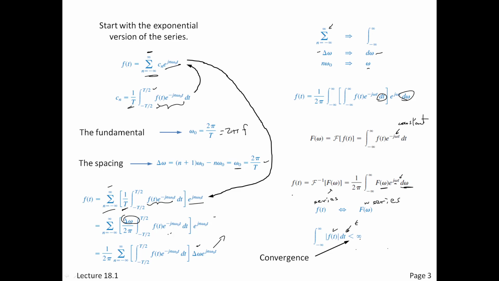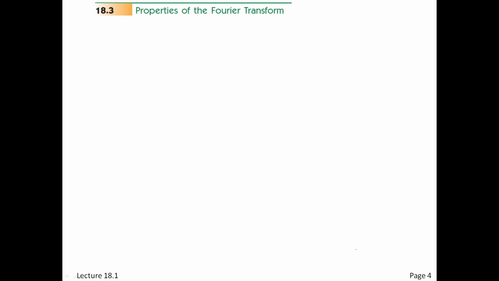All right. So now, just as with Laplace, there are properties of the Fourier transform that are valuable, good to know right up front, and then we can just rely on them, pull from them, help derive Fourier transforms, knowing certain properties exist. So here's the list.